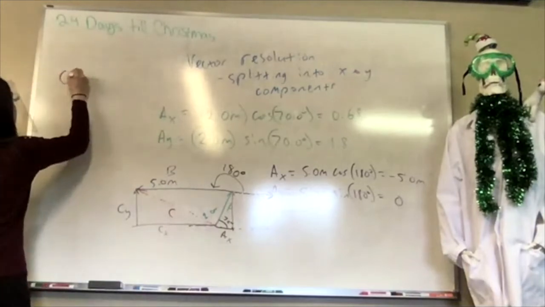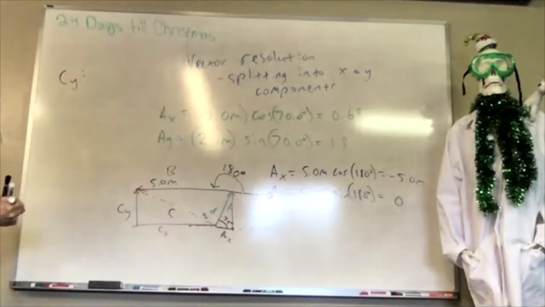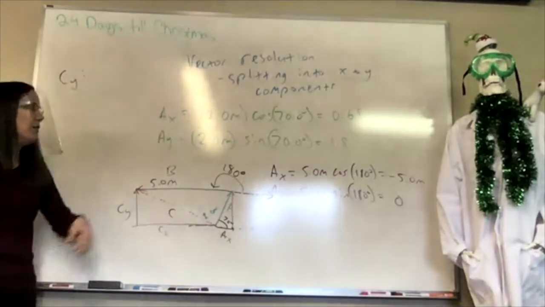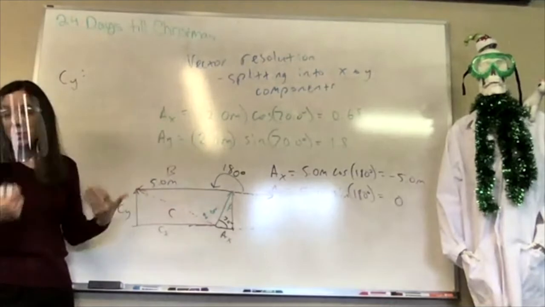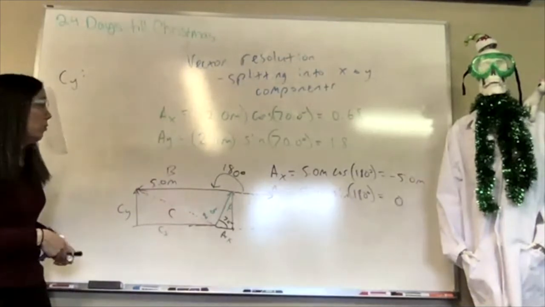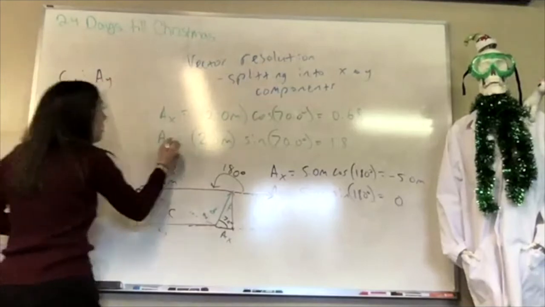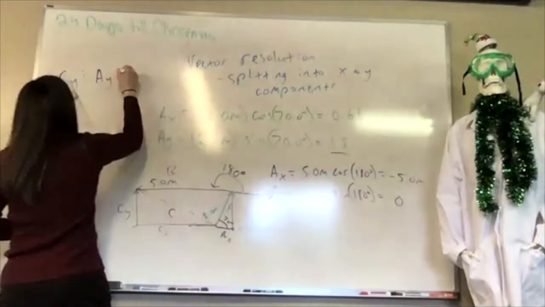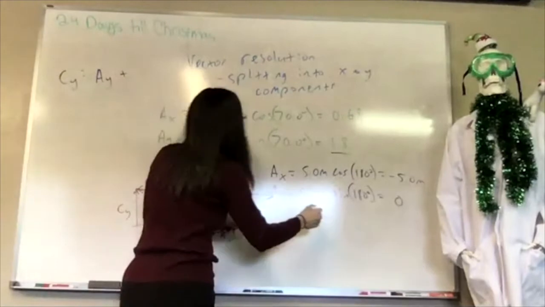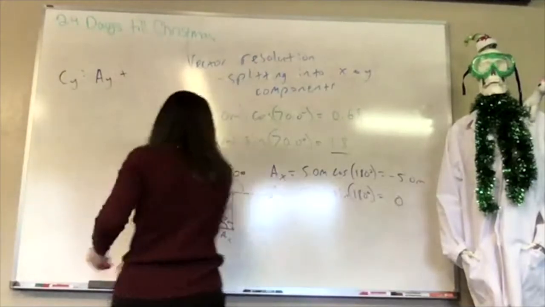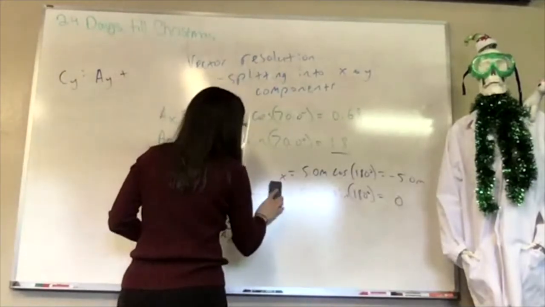Okay, how do we do that? Well, all we need to do is add the X values and the Y values together. So to find C of Y, you take A of Y right here plus B of Y. Sorry, this right here is the B vector.